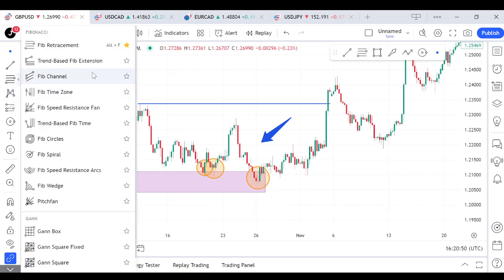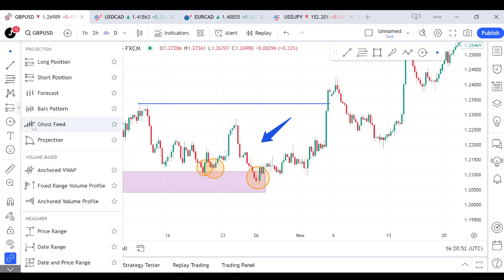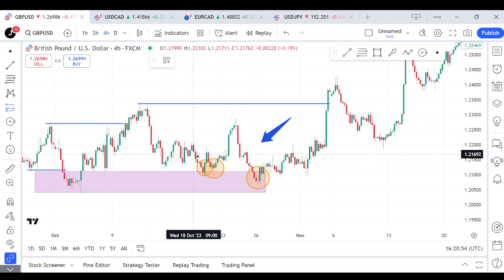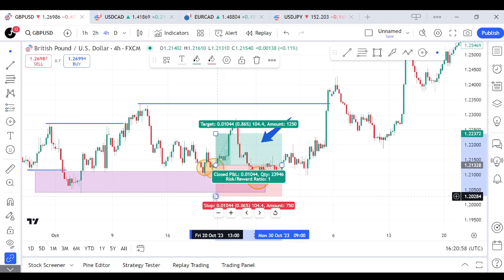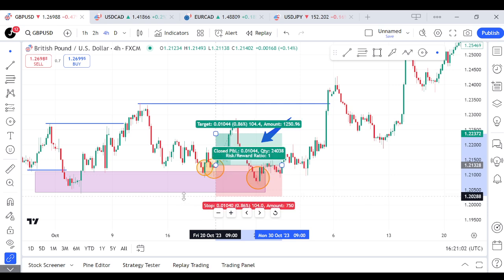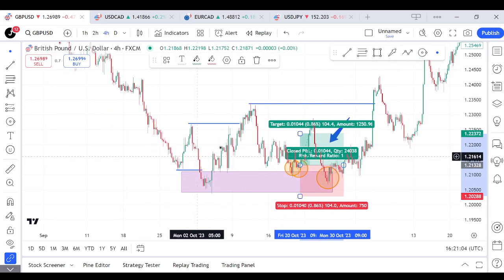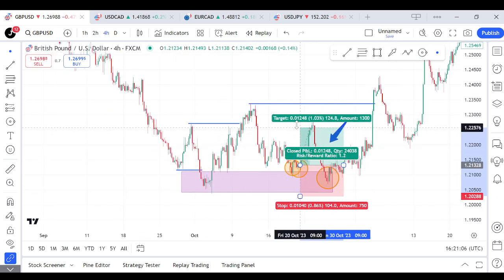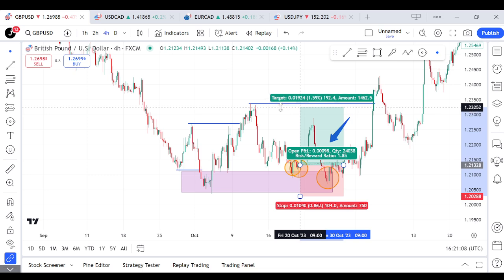And let's say we use the hammer candlestick pattern right here and just enter at the close, and our stop loss below the low. Remember, your stop loss should just be below the low, and your take profit at a 1:2 risk to reward ratio.